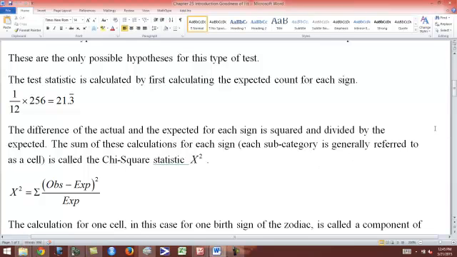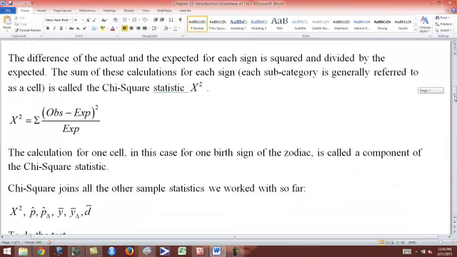The calculation for one cell is called a component of the chi-squared statistic. Chi-squared joins all the other sample statistics we've worked with so far. So it's analogous to p hat, delta y bar, and d bar.